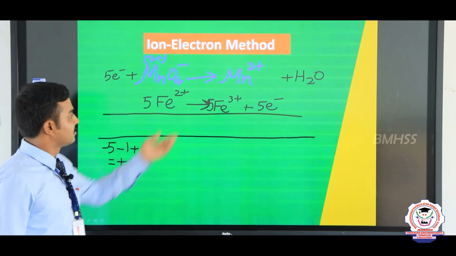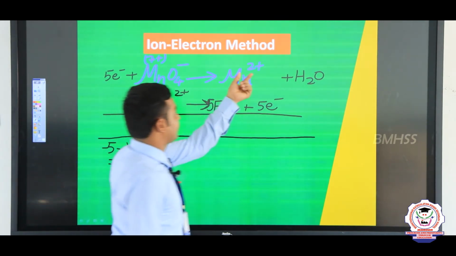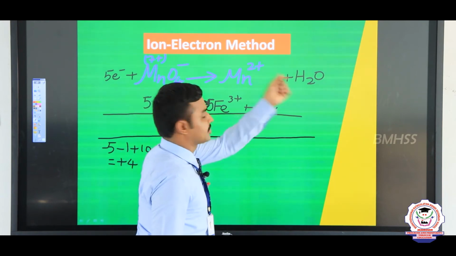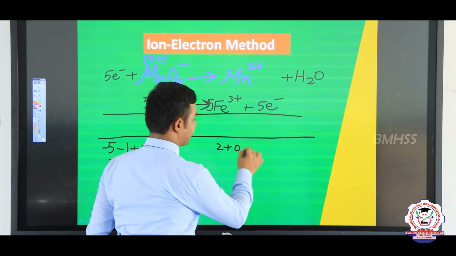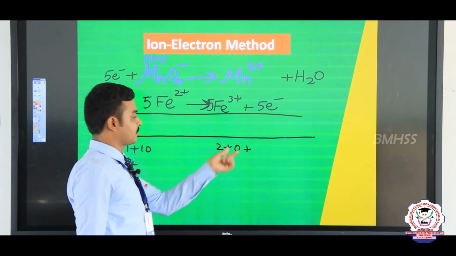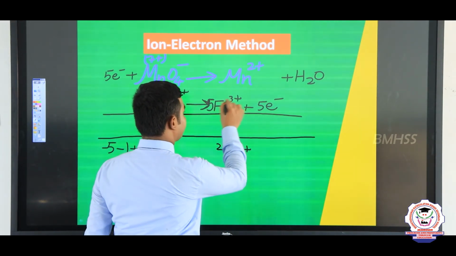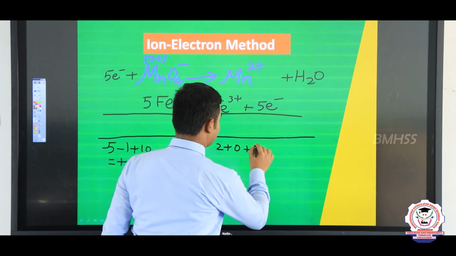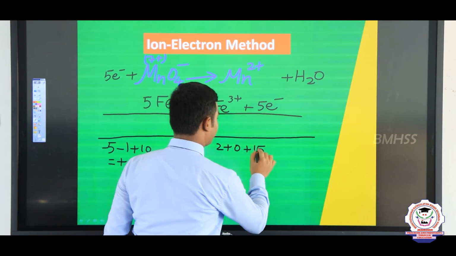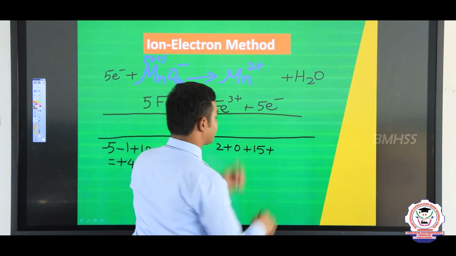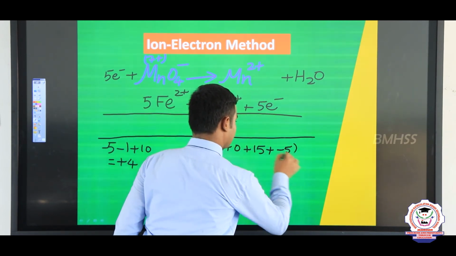And what about the right side? On the right side we have Mn2+, so 2 plus, and H2O is a neutral molecule, so it contains 0 charge. Fe contains 3 plus, 5 into 3 plus is 15 plus, and 5 electrons can be written as minus 5.